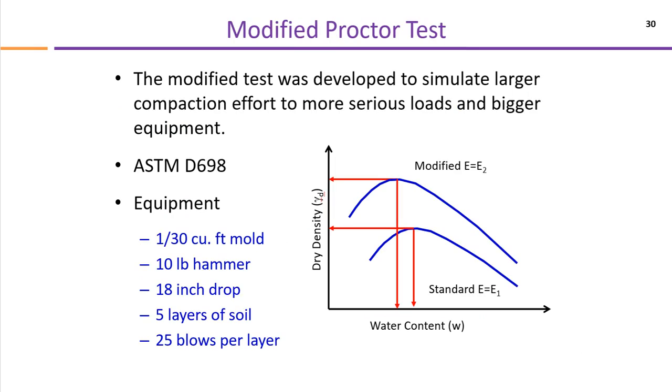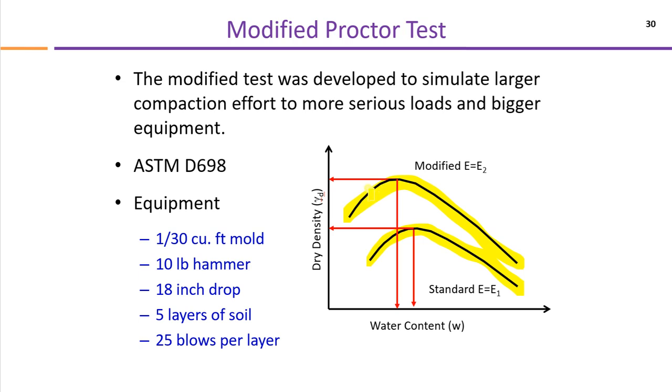Now let's look at the modified Proctor test. This modified test I already discussed in the previous lecture. In the modified Proctor test, we give more energy to the soil. If this is a standard Proctor test, we are going to get this kind of shape. For the modified Proctor test, we are going to get more density, and that more density will be achieved at less water content.